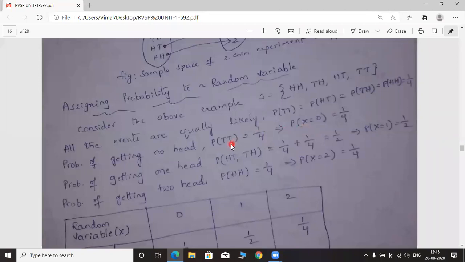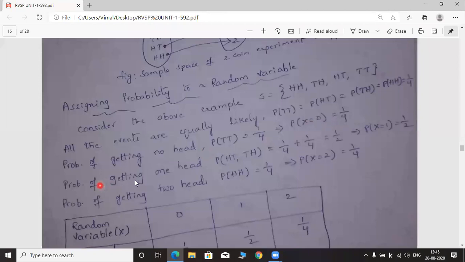In this case there is no head, that's why you write 0 here. Getting no head means both coins show tail only. Getting no head is nothing but probability of x equal to 0, and the corresponding probability is 1 by 4.